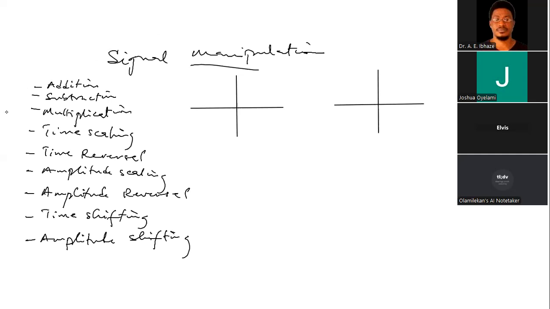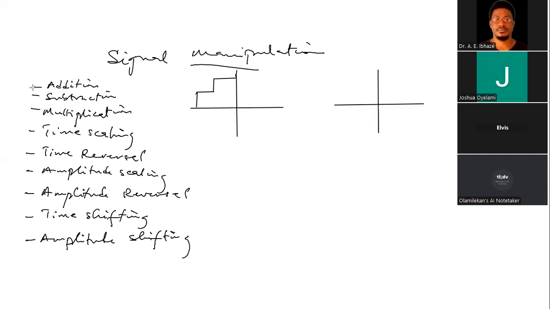So let's assume I have a signal that probably comes this way. Okay, so we have that signal.